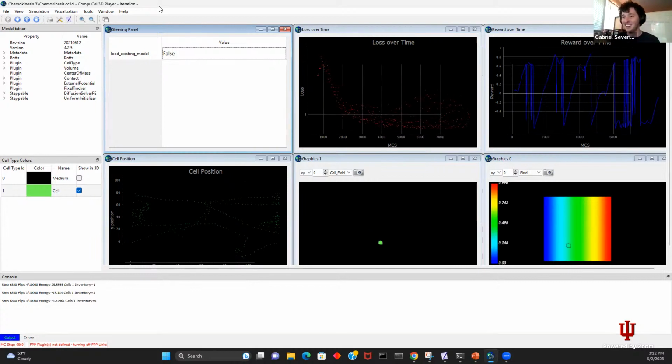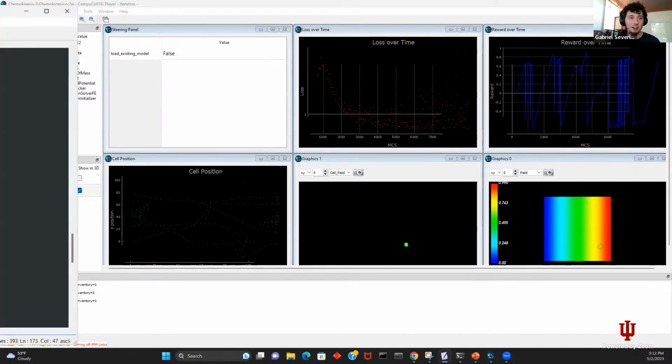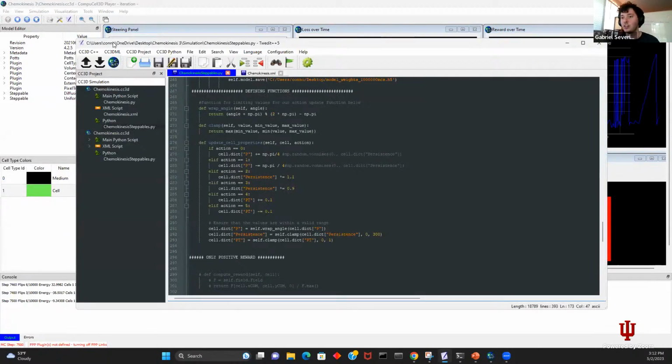We live another day. But yeah, here I'll show you a little bit of the snippet from the code for the actions. Are you guys able to see the code? All right, cool. So this function that I put right here, called update cell properties: the output of the network is any one of these 6 actions.